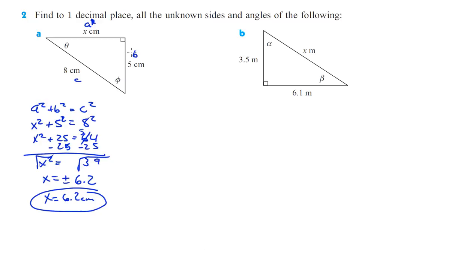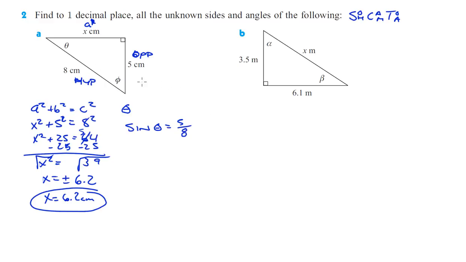Now to find the angles, let's find theta first. Doesn't matter which one we do. So theta, the two sides that we know are, this is the opposite and this is the hypotenuse, right? So if we're looking for theta, we're going to do opposite and hypotenuse. So opposite and hypotenuse is sine. So let's do sine theta equals 5 over 8.